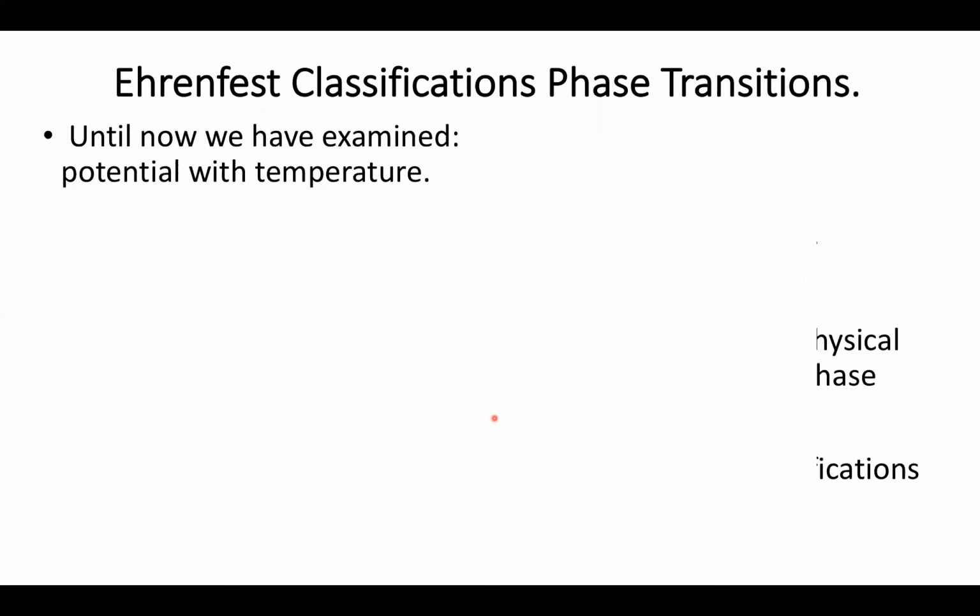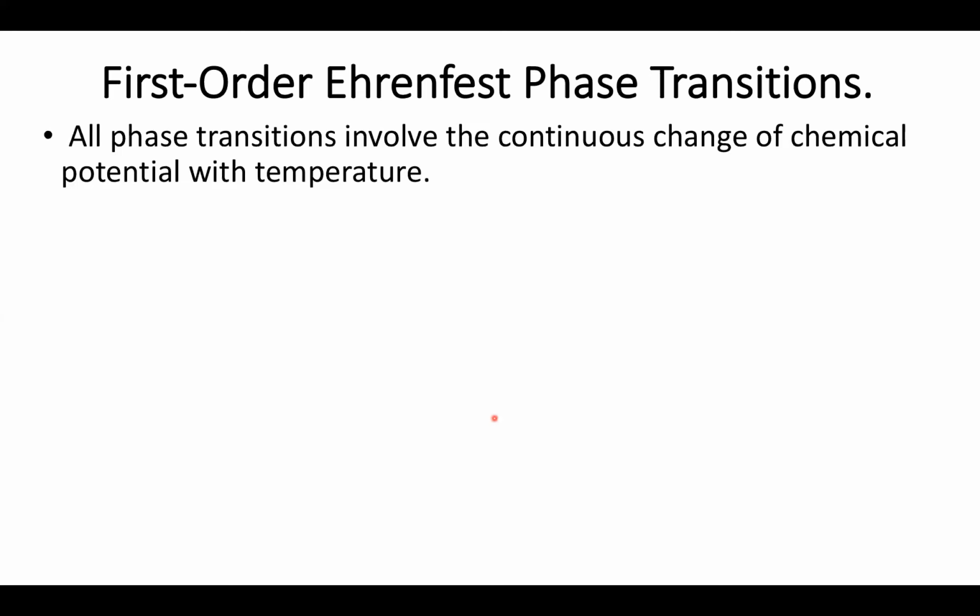So these essentially describe how the properties of a substance change as I go past a phase transition. One of the important things to remember is that so far, when we've been looking at chemical potential, all of our phase transitions, and all the ones in existence, have a continuous change of chemical potential across temperature.